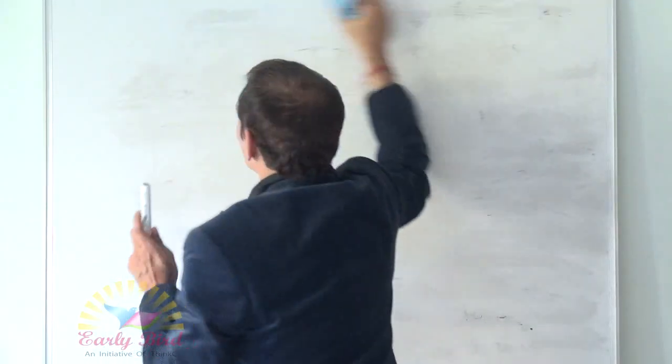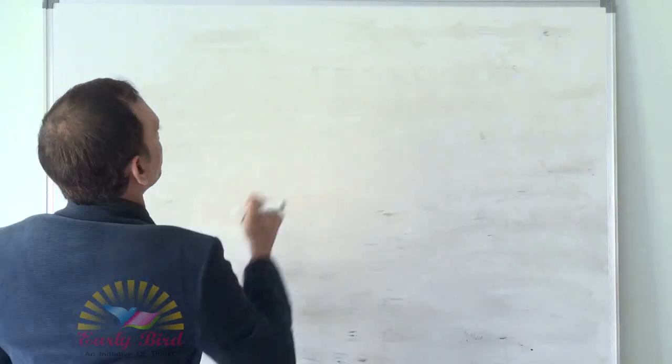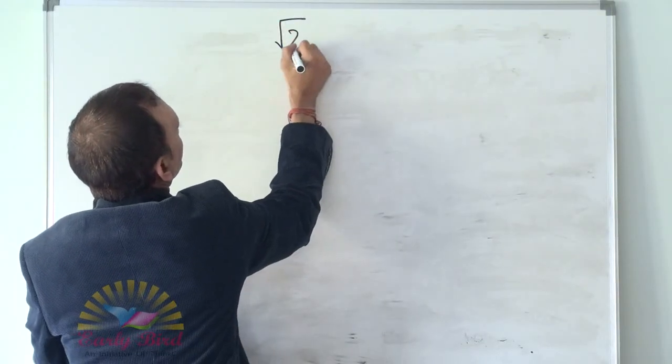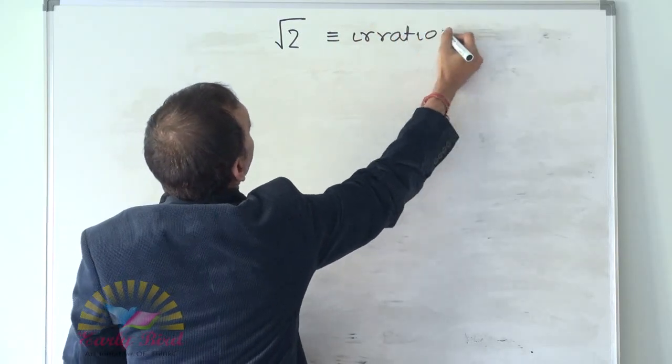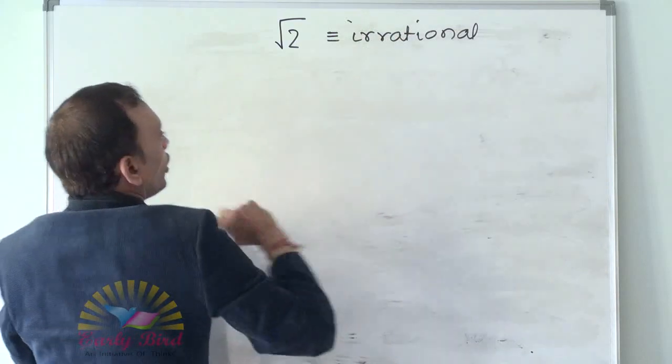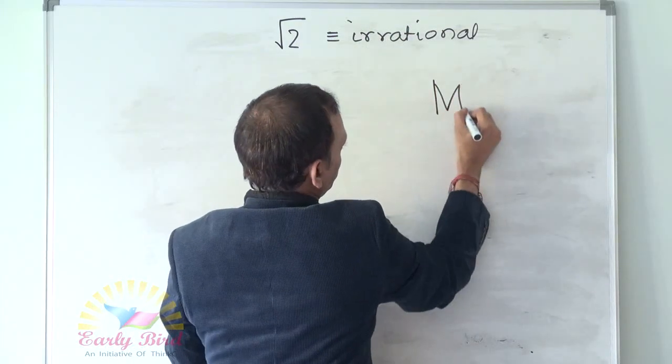Now, invariably, to establish that a number is irrational, we will have to deploy what's called the method of contradiction.